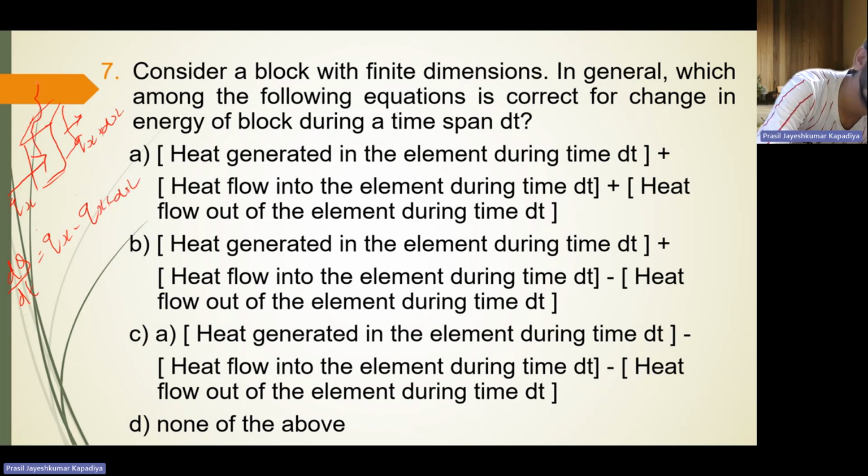Let's say there is some element placed in it that is generating heat, and the heat generation term is plus m. So which equation is correct for the change in energy of the block during time span dt?